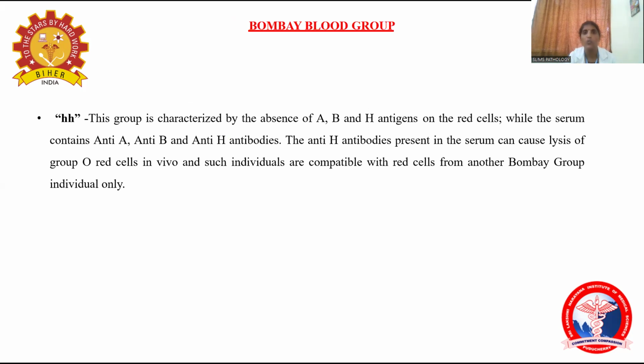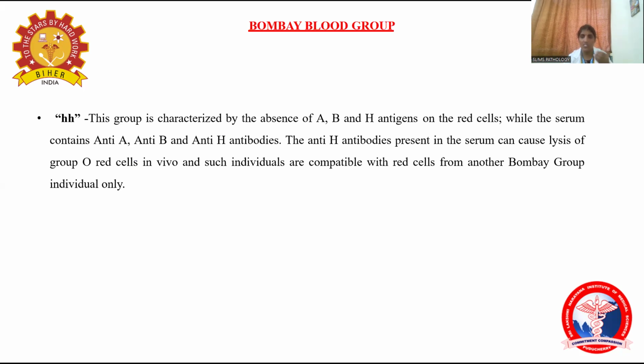So the Bombay blood group is another rarest blood group where there is an hh phenotype. You can notice that there are two small h's present there. This group is characterized by absence of A, B as well as H antigen. You know that the H gene is the precursor of all blood group antigens, right?